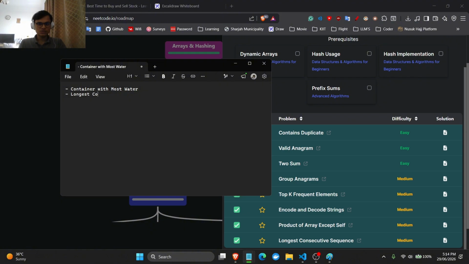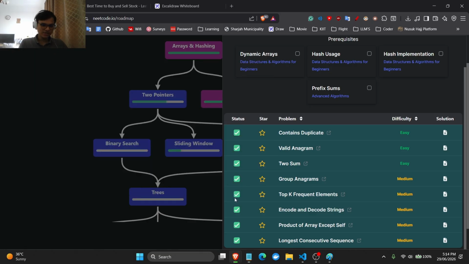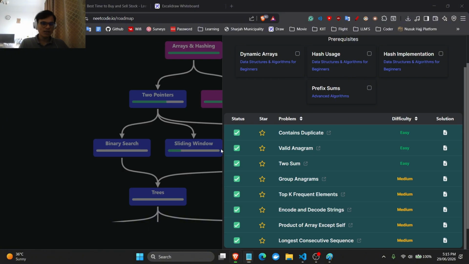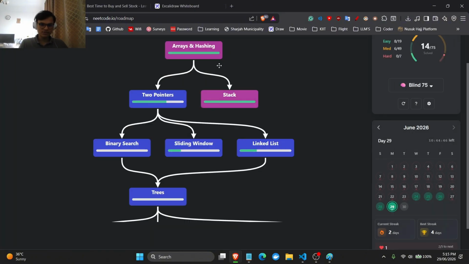Longest consecutive sequence. Encode decode strings, I did in a very weird way. Two sum and two sum 2, I think two sum 2 would be much better to solve. Yeah, so I think those questions we'll do again.